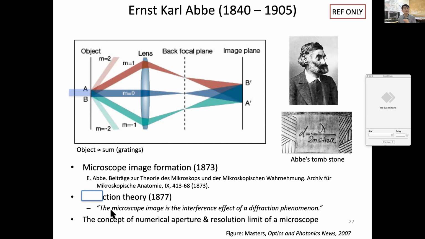So this famous theory we call diffraction theory. And this sets a fundamental limitation of resolution. Let's say we are using visible light, which has a several hundred nanometer wavelength. We cannot go below half of the wavelength as a resolution.